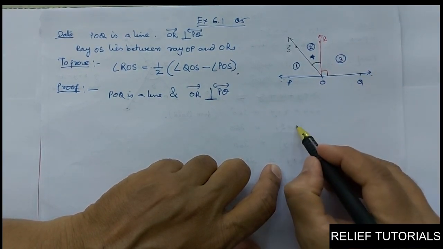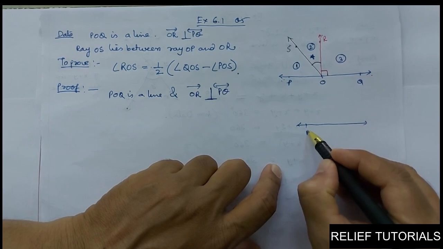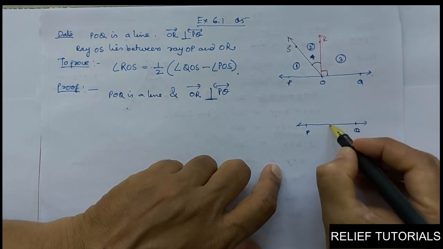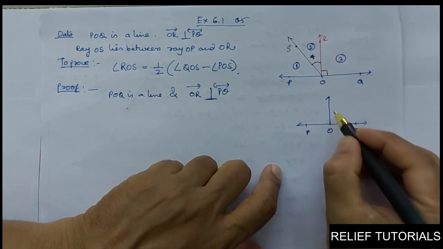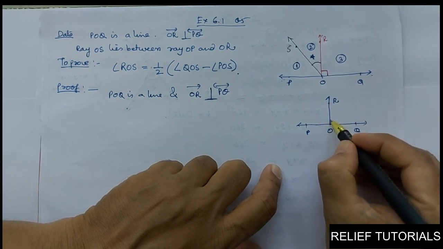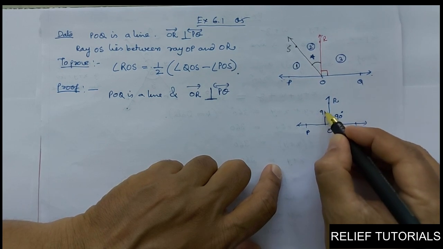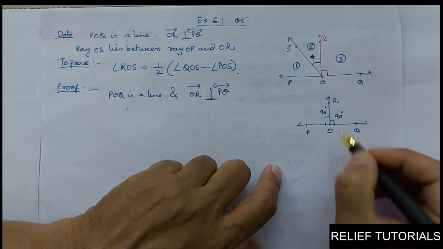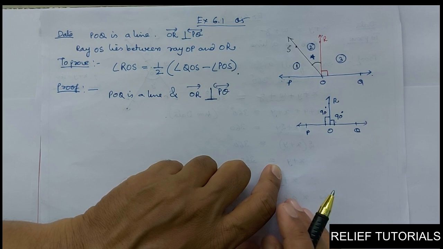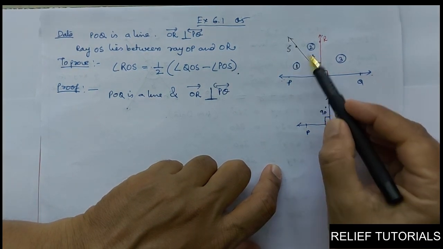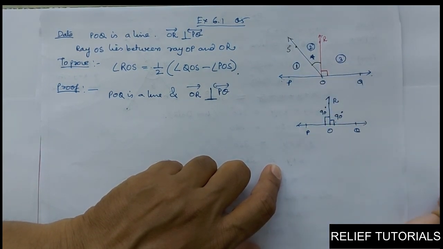So if this is perpendicular, see here, this is PQ and this is OR. It is perpendicular, means this will be 90 degrees and this also will be 90 degrees. Why? Because it is perpendicular. 90 plus 90, 180.